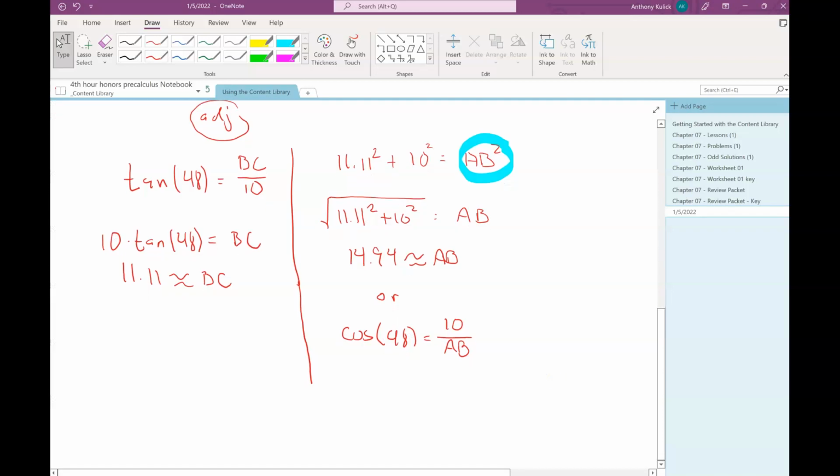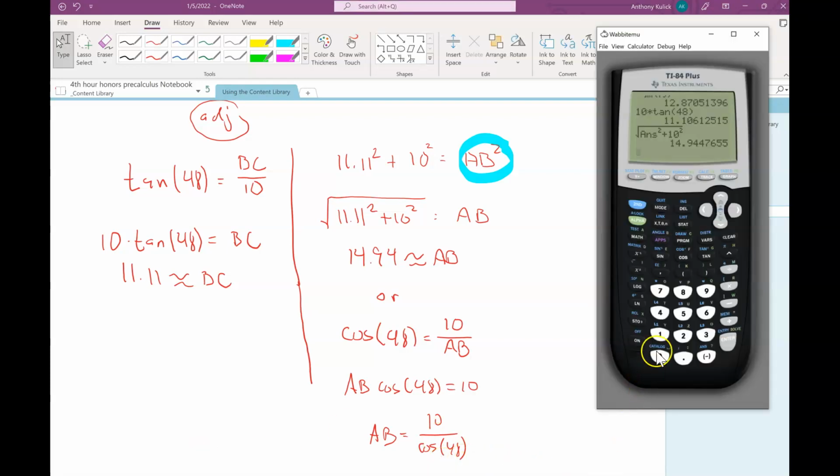To solve for AB, the first thing we'd want to do is get it out of the denominator. So multiply both sides by AB, and then divide by cosine 48. And then it's calculator time, and you'll note that you get the same thing.